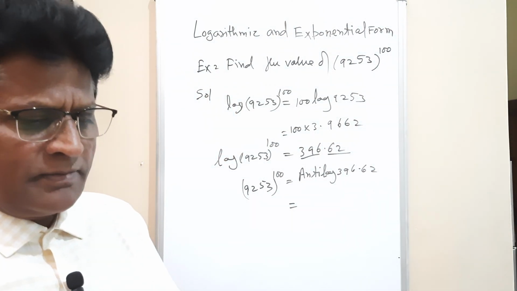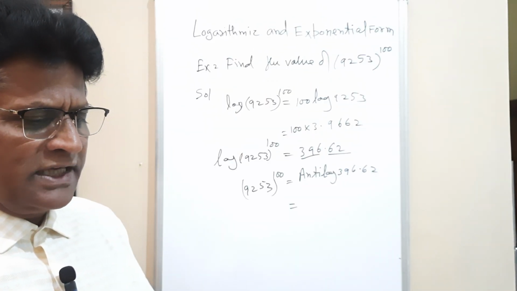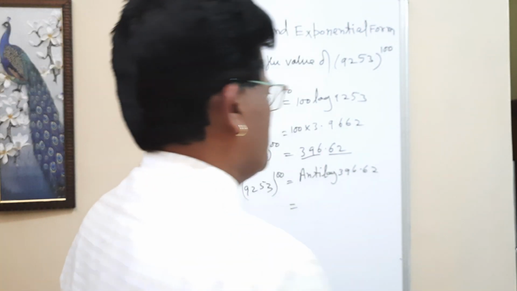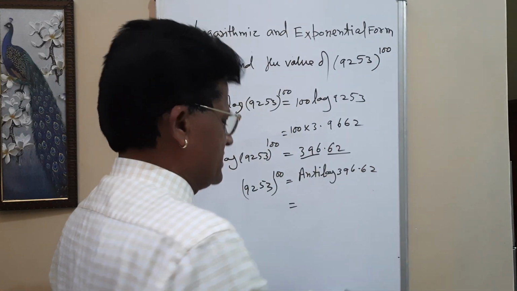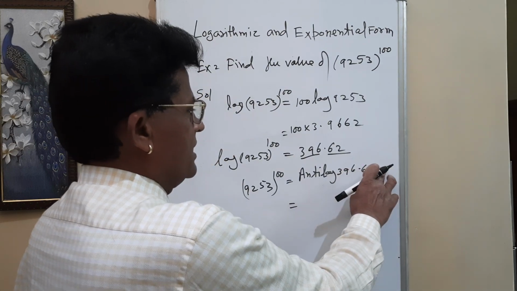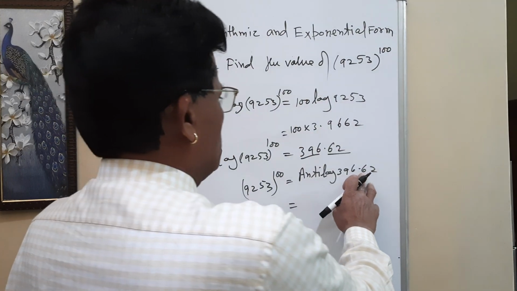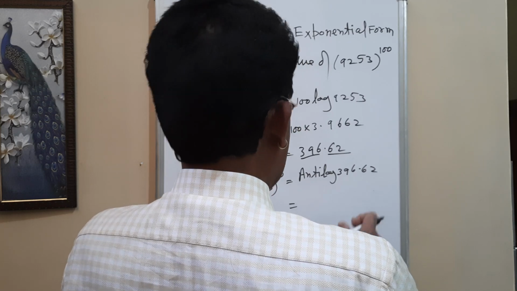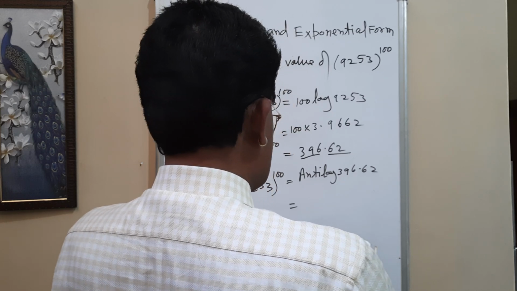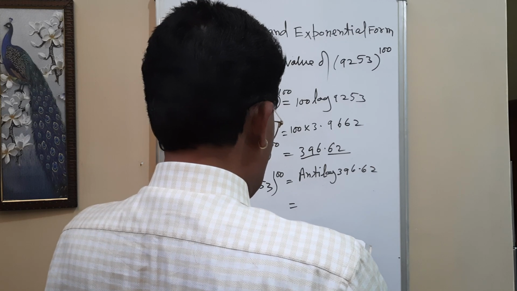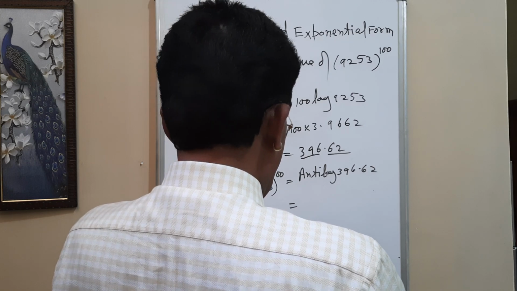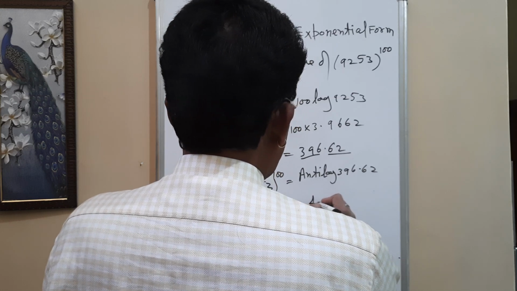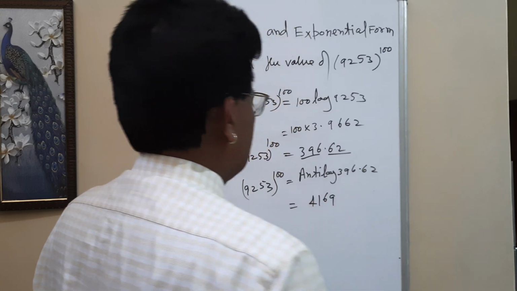You see the antilog table, 0.62 at 0, because there is no digit over here. फर्स्ट कॉलम में 0 देख लीजिए वहीं पर. 0.62, that is 4169. It is the value of it.